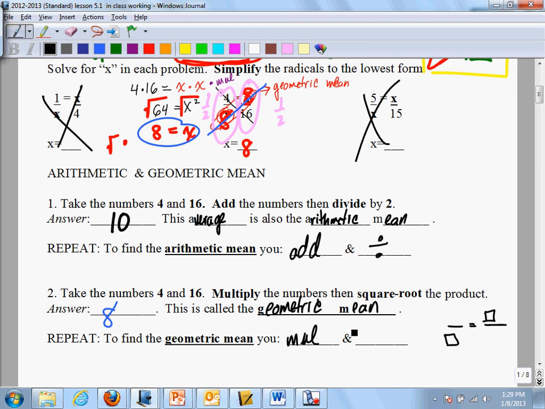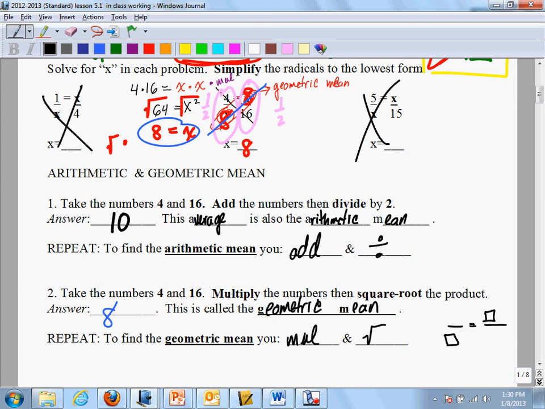You multiply, then you square root. To find the geometric mean of any two numbers, you take those two numbers and you multiply them and you square root. That is the geometric mean. These are not the same thing.